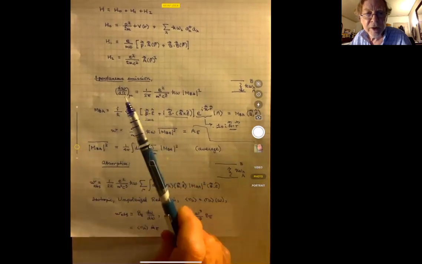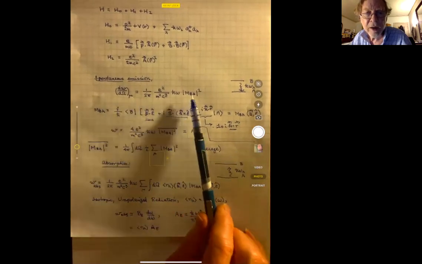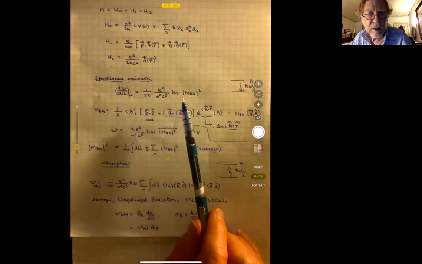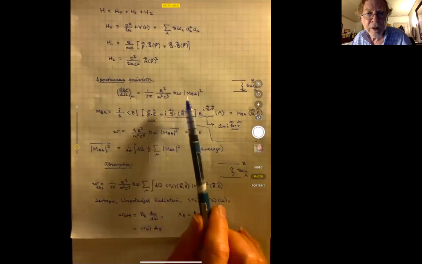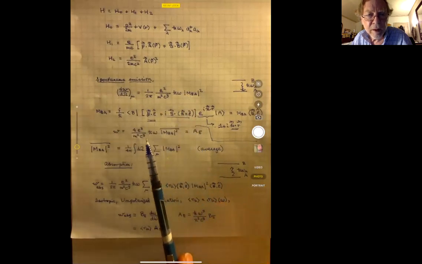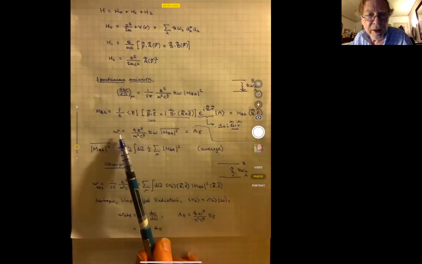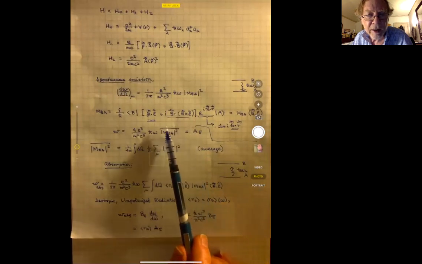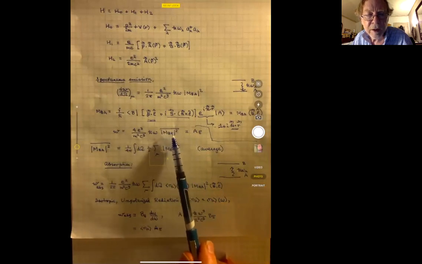Here is a differential transition rate which involves the matrix element squared. We've been doing a lot of analysis of the MBA now. Here it is. We broke it up into 3 terms. Let's take a look now at the total transition rate, that's to say the Einstein A coefficient. Let's work on calculating that. The main effort here is to calculate the polarization and angle average of the square of the matrix element.